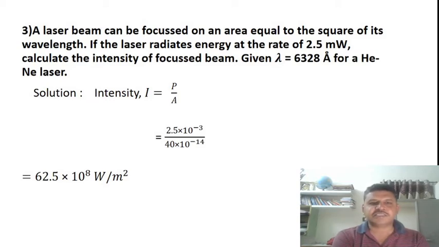So intensity I is equal to P by A. That is equal to 2.5 into 10 to the power of minus 3 by 40 into 10 to the power of minus 14. Calculating all this power and also the area, we are getting the answer as 62.5 into 10 to the power of 8 watts per meter squared. That is the way we are going to calculate the intensity.